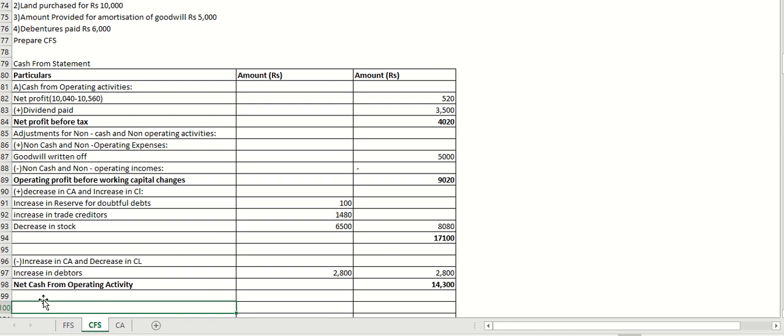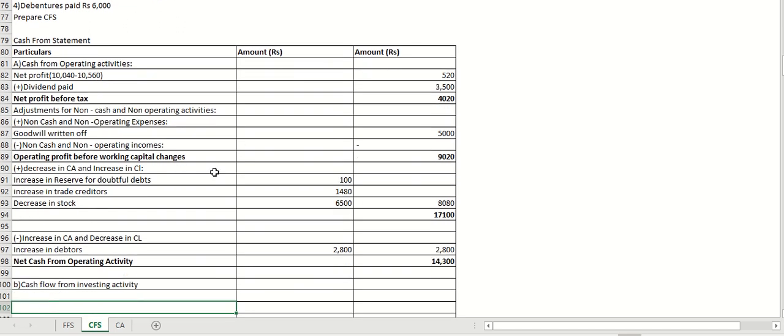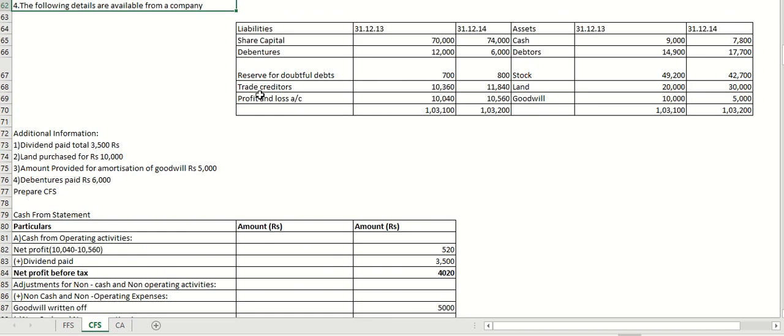Now let's move on to the calculation of net cash from investing activities. Cash flow from investing activity. So now what are the cash flows that we have with regard to investing activities? So only the long term assets, the purchase and sales, that is what will mainly come under investment activities. So if you see, the land has been purchased for rupees 10,000.